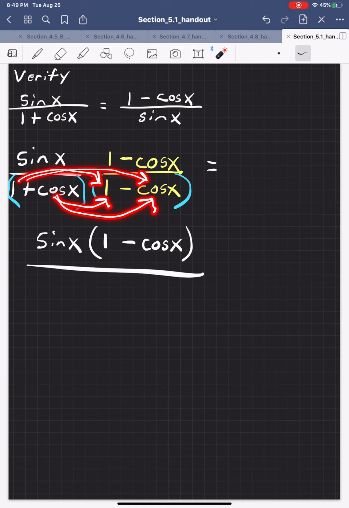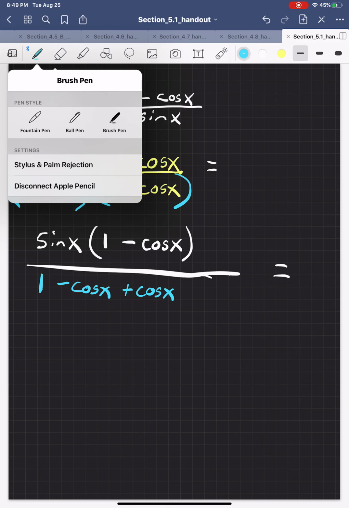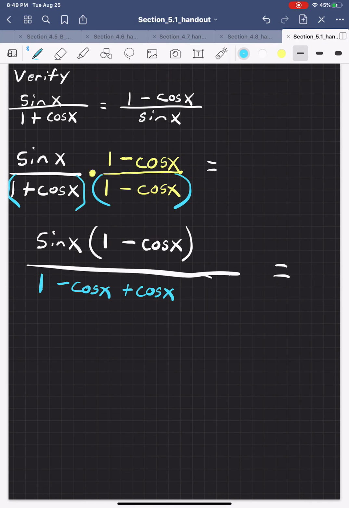In this case, 1 times 1 is 1. 1 times negative cosine is negative cosine of x. Cosine times 1 is positive cosine of x. And finally, positive cosine multiplied by negative cosine is negative cosine squared x.